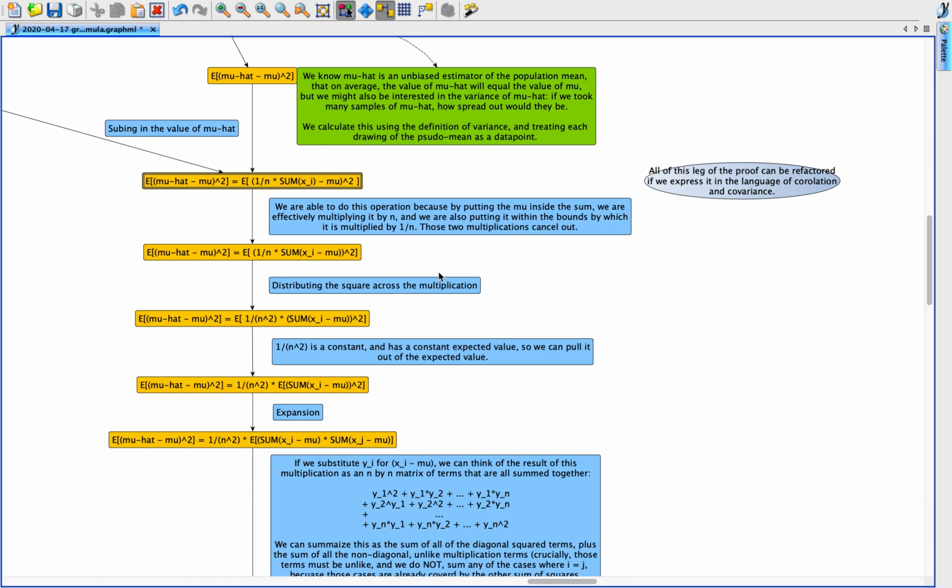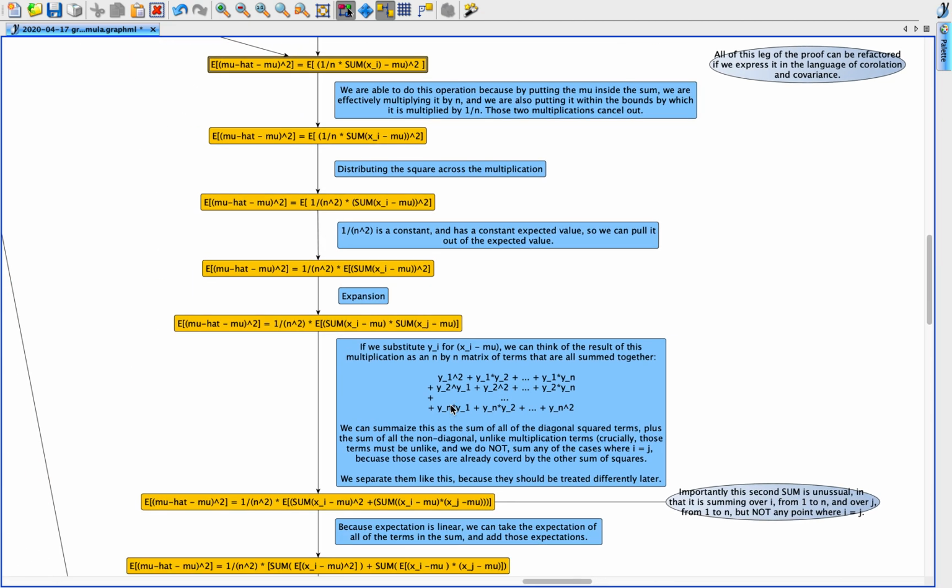So we do that. Now we have the expectation of 1 over n times the sum of xi minus mu squared. We can distribute the square across the multiplication. So we have 1 over n squared times the sum of xi minus mu squared. 1 over n squared is constant and has a constant expected value, so we can pull it out of the expected value.